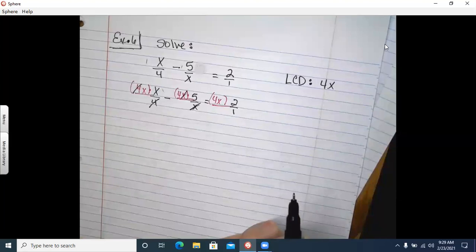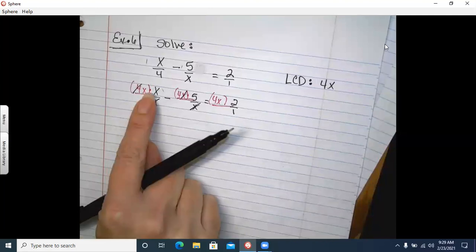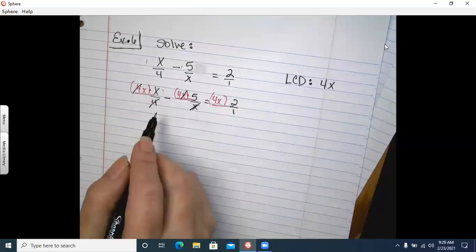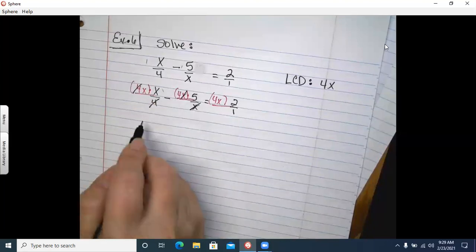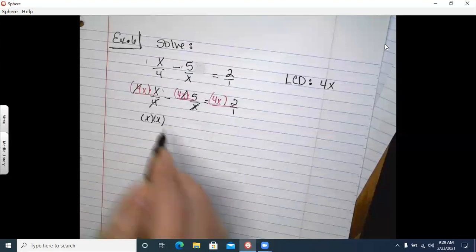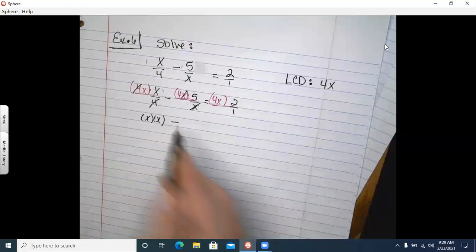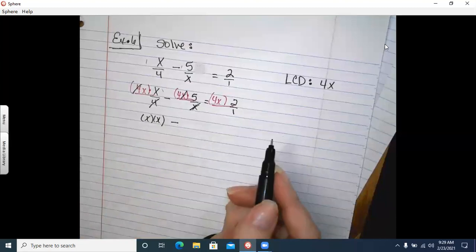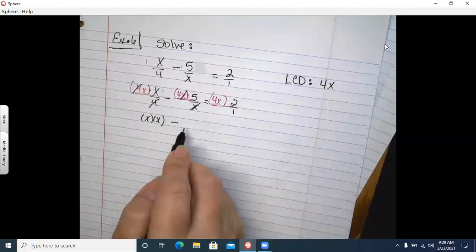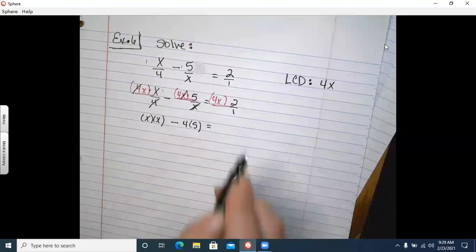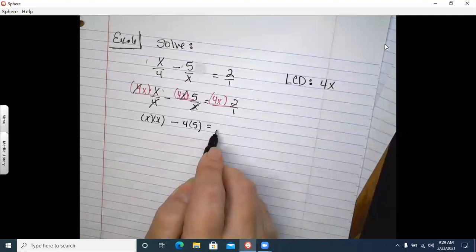So let's write what we have left. We have in the first fraction 2 x's. That's not 2x though, we don't add them together. Whatever's left, you multiply. So that's going to be x times x from my first fraction, minus 4 times 5 from the second fraction, equals 4x times 2.